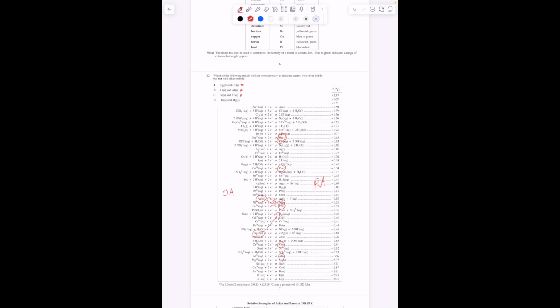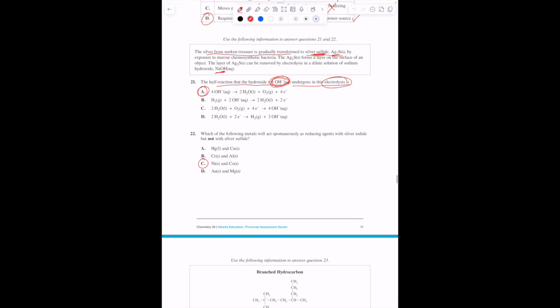So that has to be the answer. And gold is way up here, non-spontaneous with both. And magnesium is right there, which is spontaneous for both. So C has to be the answer. All right. Okay, moving on to the next one.